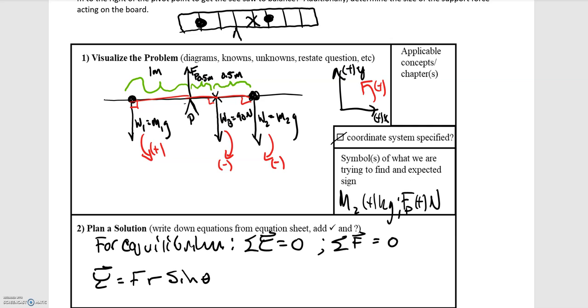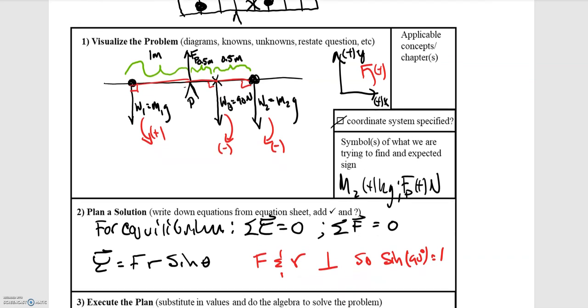For our case, F and R are perpendicular to each other, so sine of 90 degrees is equal to 1. So we're just left with the force times the distance from the pivot point to those forces.